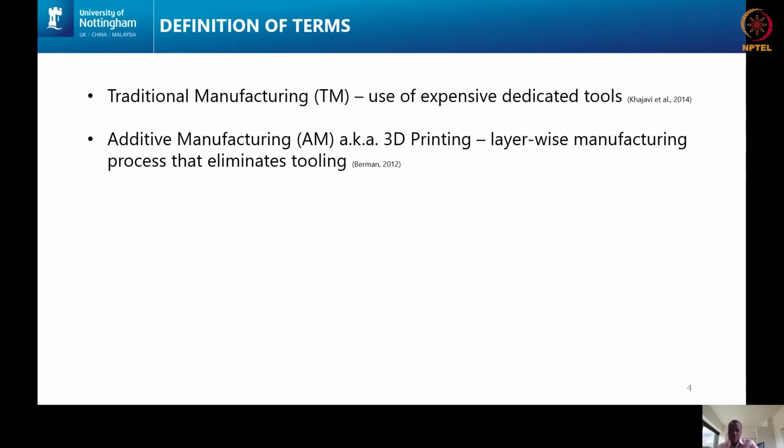On the other hand, we have additive manufacturing, also popularly known as 3D printing, as you may be aware of. And this is a more modern form of manufacturing that is characterized by the elimination of those expensive dedicated tools. And it's a layer-wise manufacturing process that has become popular in recent times for making end-use parts.